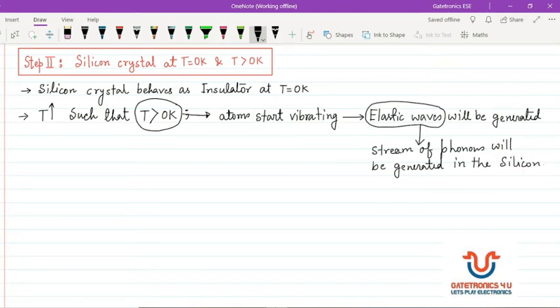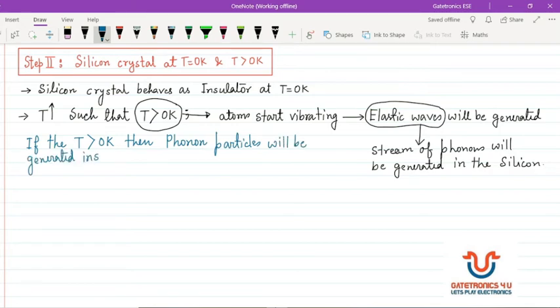In this way, if we make the temperature greater than 0 K, then a stream of phonon particles will be generated inside the silicon crystal. So we can write, if the temperature capital T is greater than 0 K, then phonon particles will be generated inside the silicon crystal.